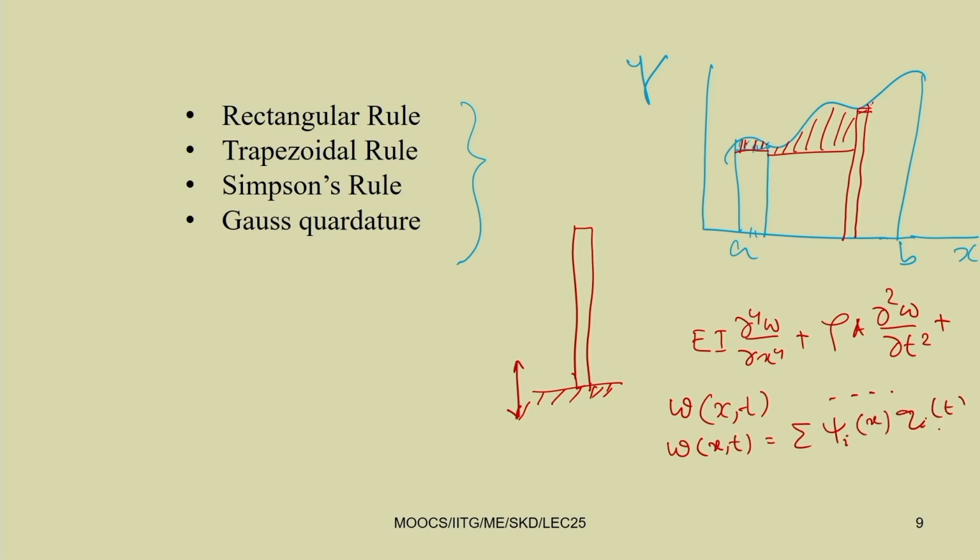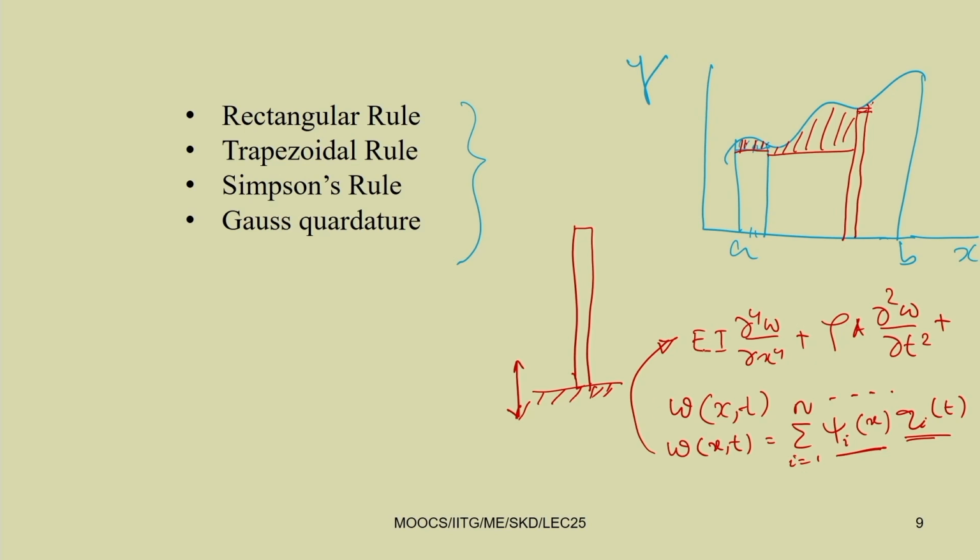Here i equals 1 to n, so we take n number of modes, where psi i is the mode shape and q i is the time modulation. We substitute this equation in the original equation and then integrate it, as these shape functions may or may not satisfy all the boundary conditions and the differential equation.